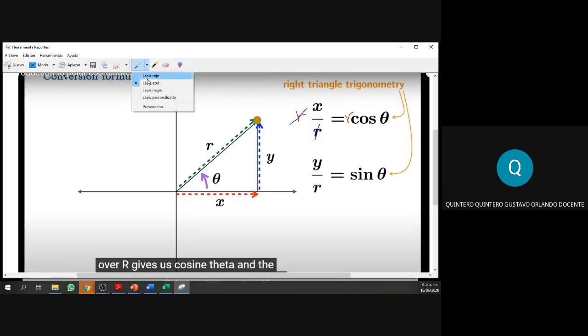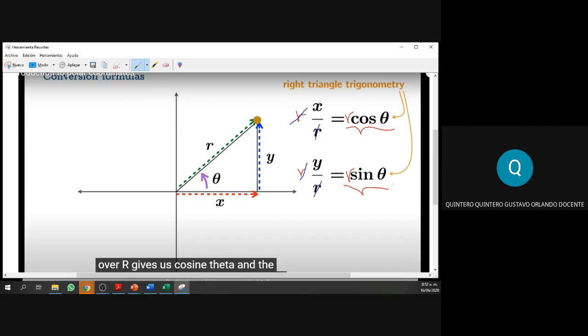And if we do the same in the second one, we have r multiplied on this side and r multiplied on the other side, and we can cancel these r's. So we are going to have an equation where the only variable on one side is x. X equals r cosine of theta, and y equals r sine of theta.